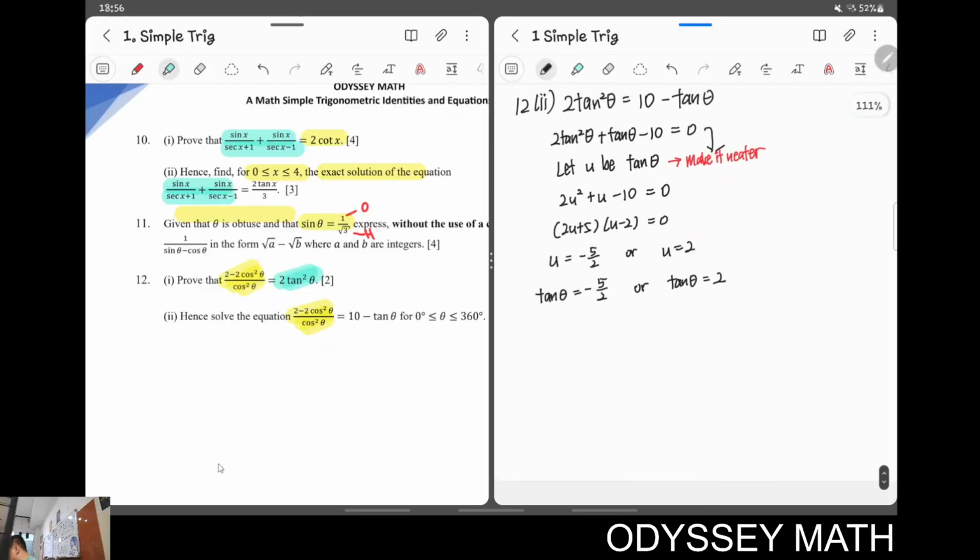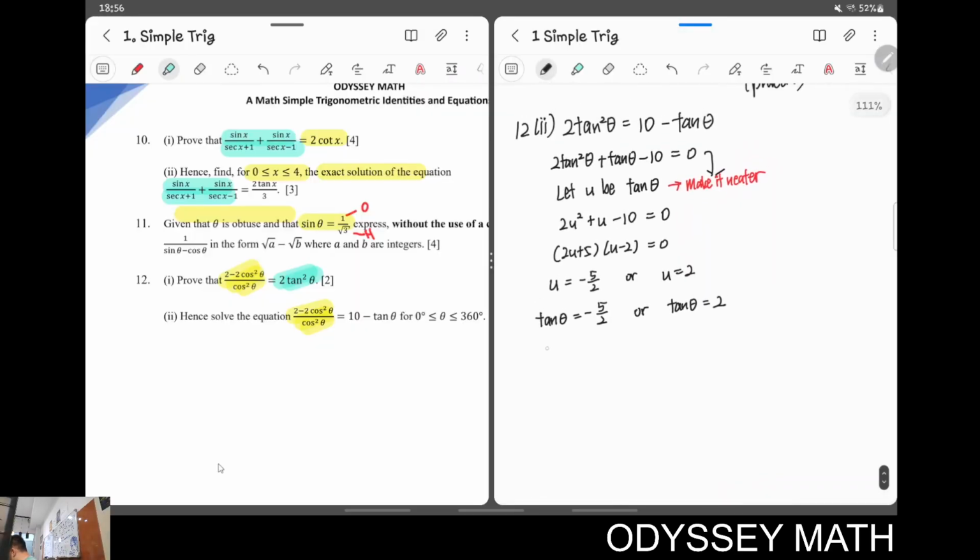And what we're going to do here is basic angle alpha is tangent inverse 5 over 2. Now take note that this is in angle, so make sure your calculator is in angle mode. So we have tangent inverse 5 over 2.